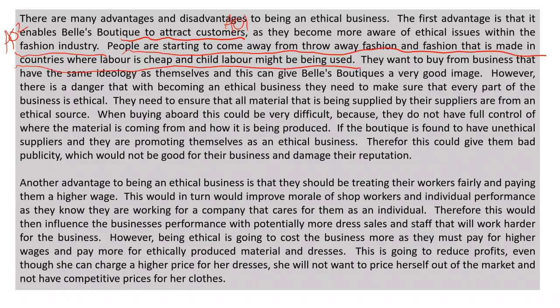Okay, so I'm looking at AO2 here. I'm referencing the fashion industry. They want to buy from businesses that have the same ideology as themselves, and this can give Bella Boutiques a very good image. Okay, however, there is a danger. So we've kind of gone again, AO1, AO3.